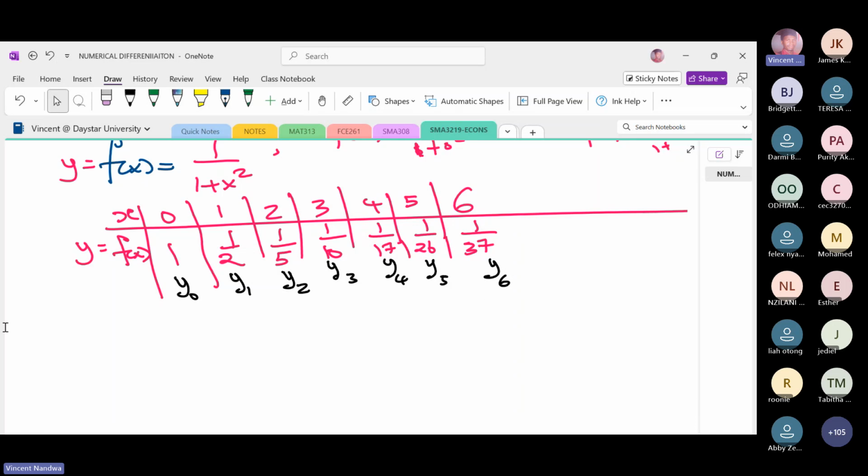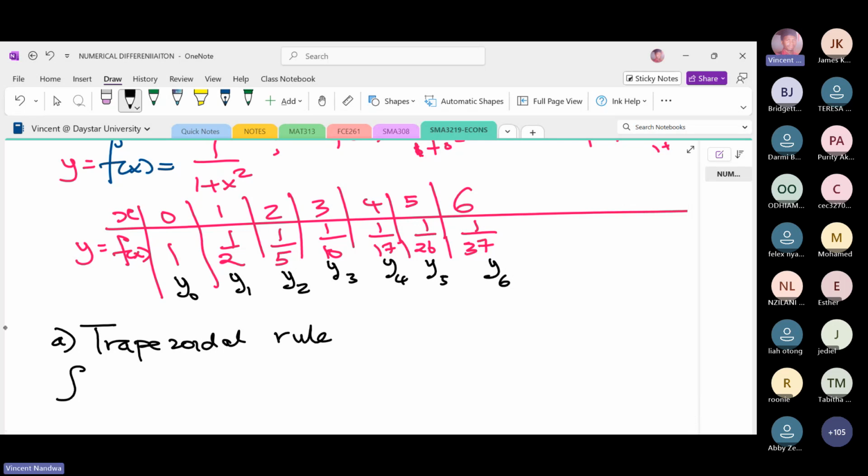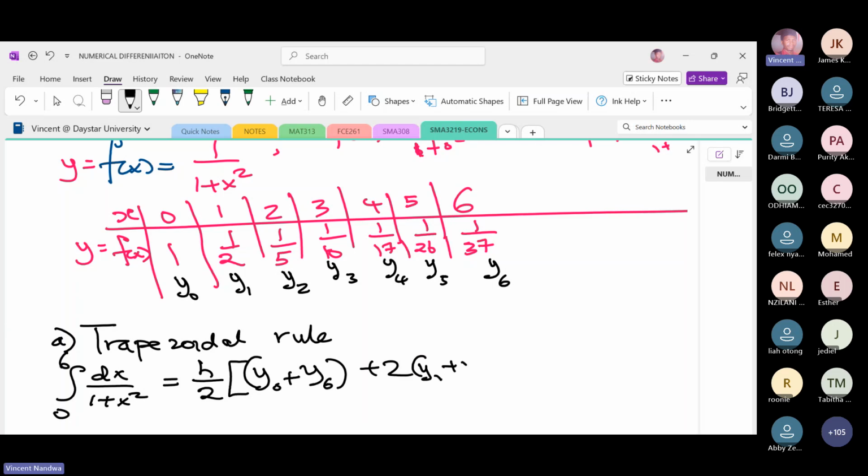So A, trapezoidal rule. The trapezoidal rule will be integral from 0 to 6 of dx over 1 plus x squared is the same as h over 2 into y naught, now our yn is y6, then plus twice y1 plus y2 plus y3 plus y4 plus y5.